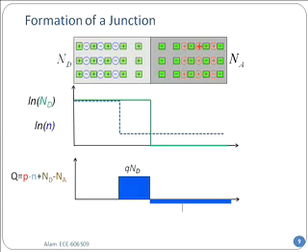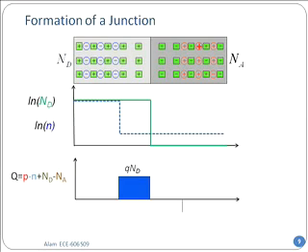Why? Because on this side it is ni squared divided by Na. If Na is 10 to the power 18, the minority carriers is about 100 in silicon. So in comparison, we'll not draw the blue part. We'll say this is too small for us to worry about. Let's worry about the main charges, so we'll not draw anything on this side.